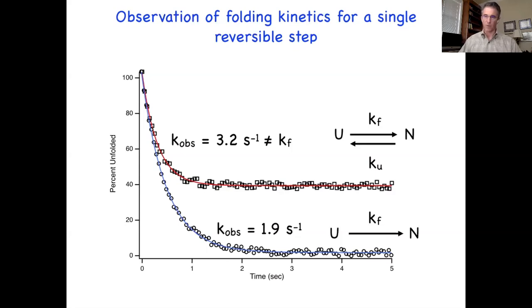So in this case, with a reversible step, the amplitude here is smaller than it was for the single unimolecular step, right? And the observed rate constant appears bigger, which means the process appears to be going faster, even though what's going on here is we've added in a reversible step to this same process.